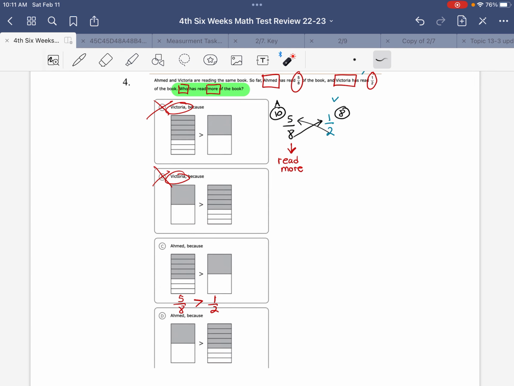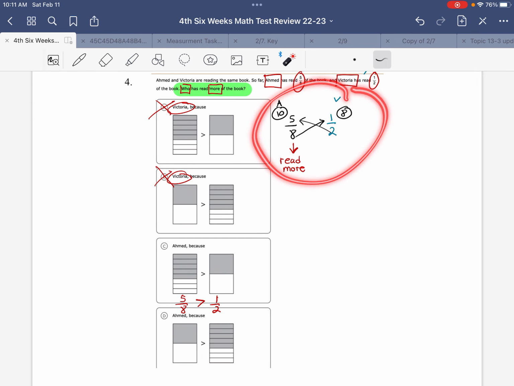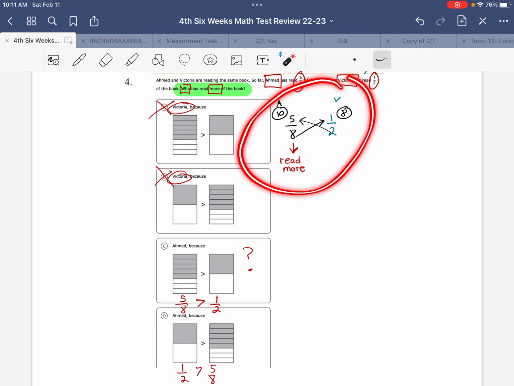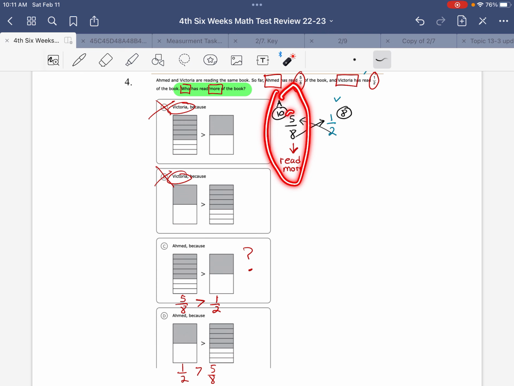Well, if I look at what I wrote, that's true. I put that since 10 is greater, Ahmed has read more compared to 1/2. So maybe C is my answer. Let me go to D. D says Ahmed because 1/2 is greater than 5/8. Well, if I go back on my picture, I didn't put that. I put that Ahmed read more because he has 5/8, and the number 10 is greater than 8. So it's not D. My answer is C.